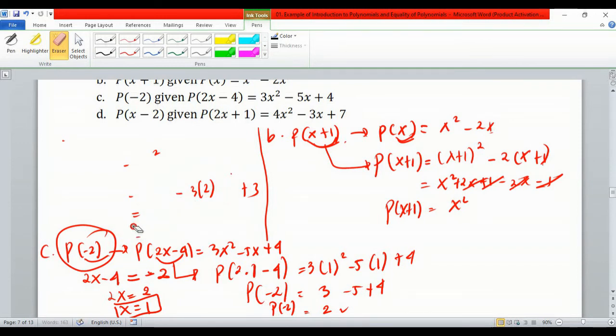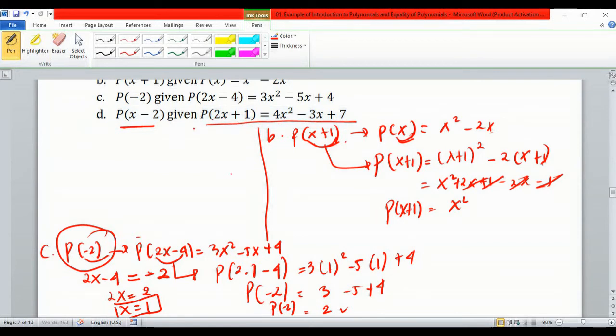If they ask about the value, you can do it like number C. But if they give you something like number B, you just need to substitute already because they just have p(x). It's different with number C. They have p(x minus 2) and then p(2x) this one. Remember that you need to make them equal, right?